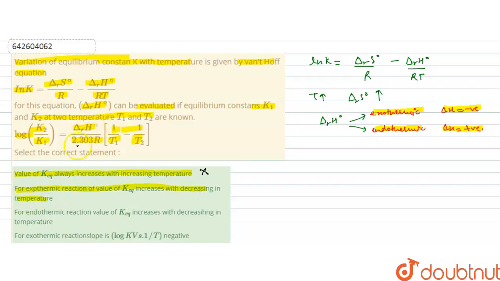Second statement is: for exothermic reaction, value of K equilibrium always increases with decrease in temperature. So if we see this relation, log K2 by K1 equals ΔrH° upon 2.303 R, and 1 upon T1 minus 1 upon T2 will be equal to (T2 minus T1) upon T1 T2. Now for exothermic reaction, ΔH is negative.